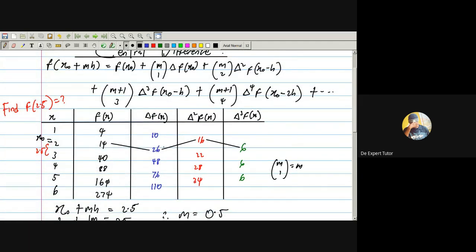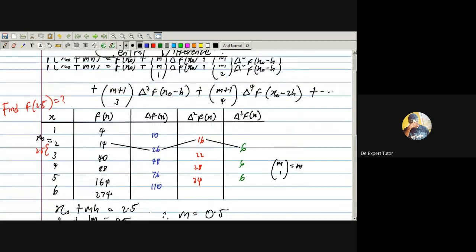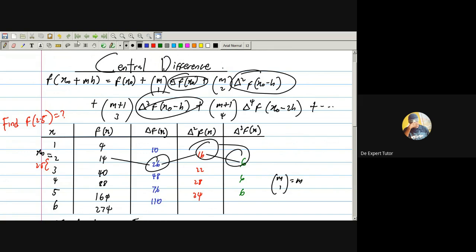Whatever you are looking for now, this is what you'll be picking. Do you see the pattern? So that one that you have there is what? 26. That is everything you are looking for. What I am looking for now, delta f of x0, is this 26. The delta squared of this is 16, and the delta cubed of this is 6.